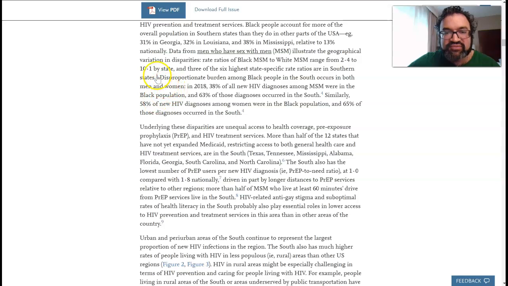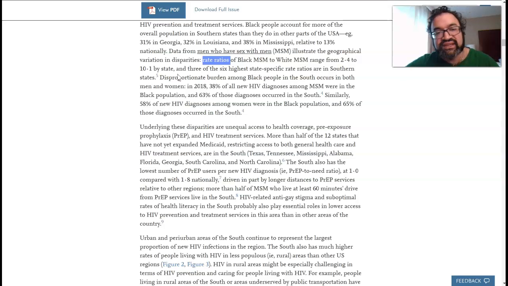So again, I'm seeing percentages here. Data from men who have sex with men illustrate the geographic variations and disparities. Another measure, which I have mentioned and will be mentioning, is rate ratio. Of black MSM to white MSM, this ranges from 2.4 to 10.1 by state.